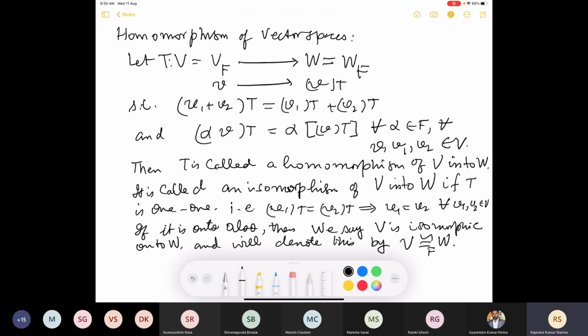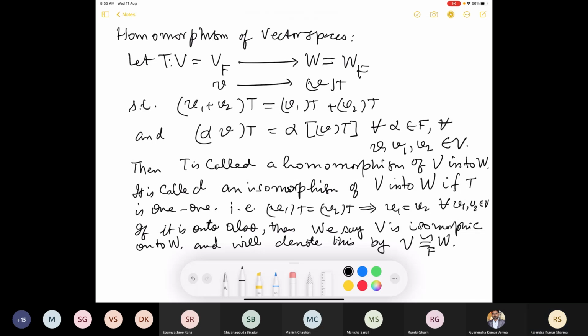So what is a homomorphism? A homomorphism of a vector space V into another vector space W over F is a map which preserves addition and also preserves scalar multiplication. If the homomorphism is one-to-one also, we say that this is an isomorphism of V into W. And if the isomorphism is onto, in that case we say the vector space V is isomorphic onto the vector space W.